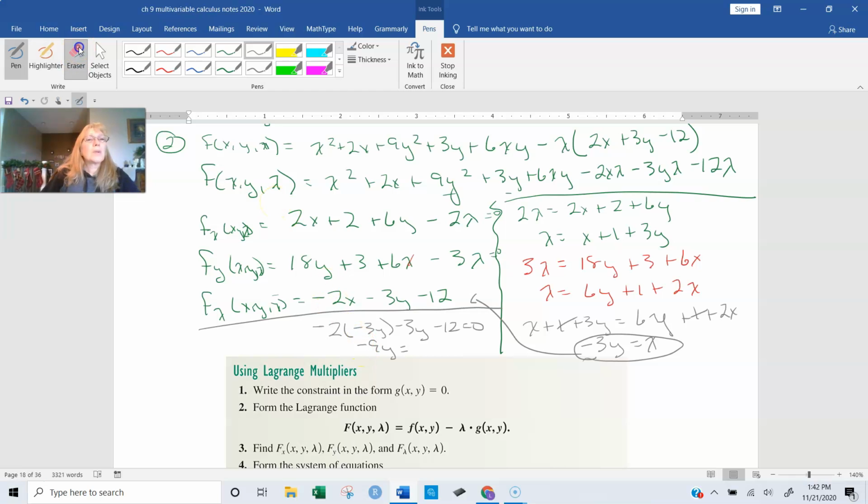That's a positive 6 plus a negative 3, that's 3y equals negative 12. So y equals negative 4. If y equals negative 4, I can plug this in here. Negative 3 times negative 4 is x, so x equals 12. So my point is (12, negative 4).